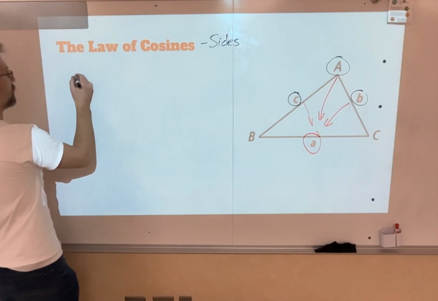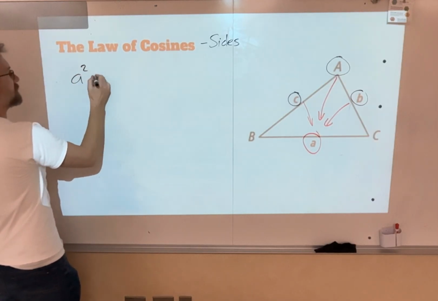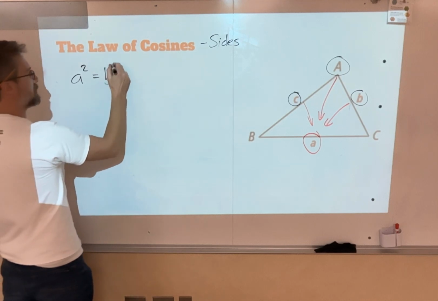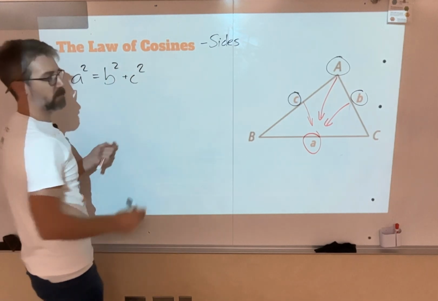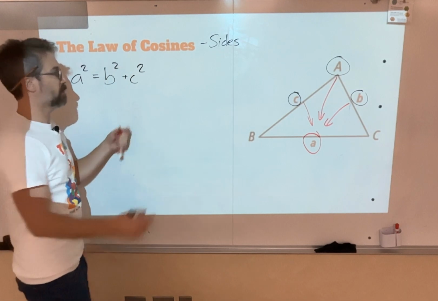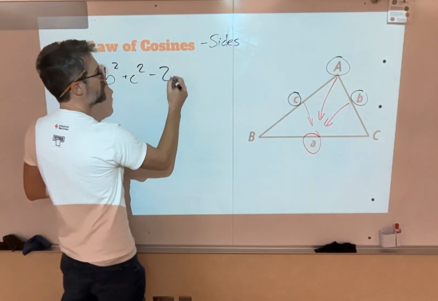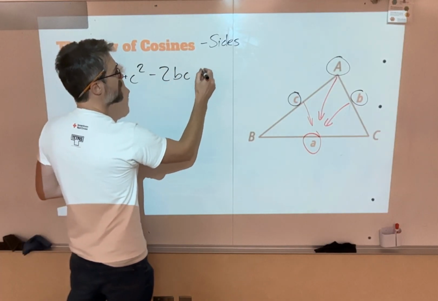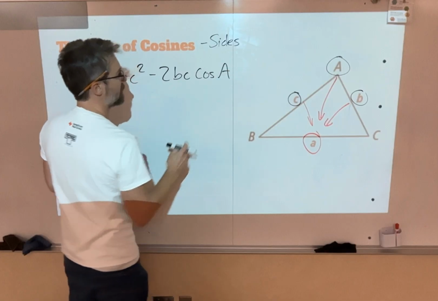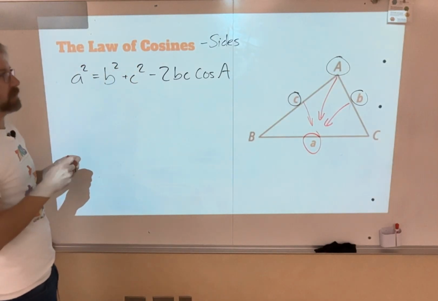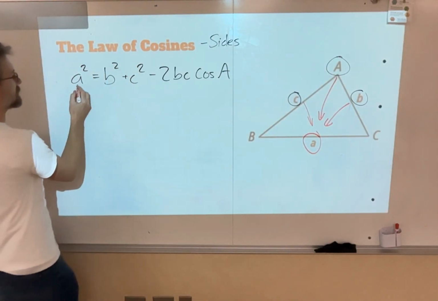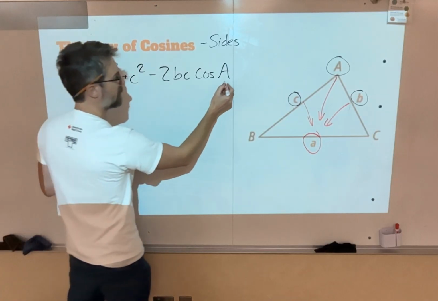Here is our law of cosines. A squared is equal to B squared plus C squared, very similar looking to the Pythagorean theorem, minus 2BC cosine of A. The important thing here is the location of these opposite side and opposite angle.